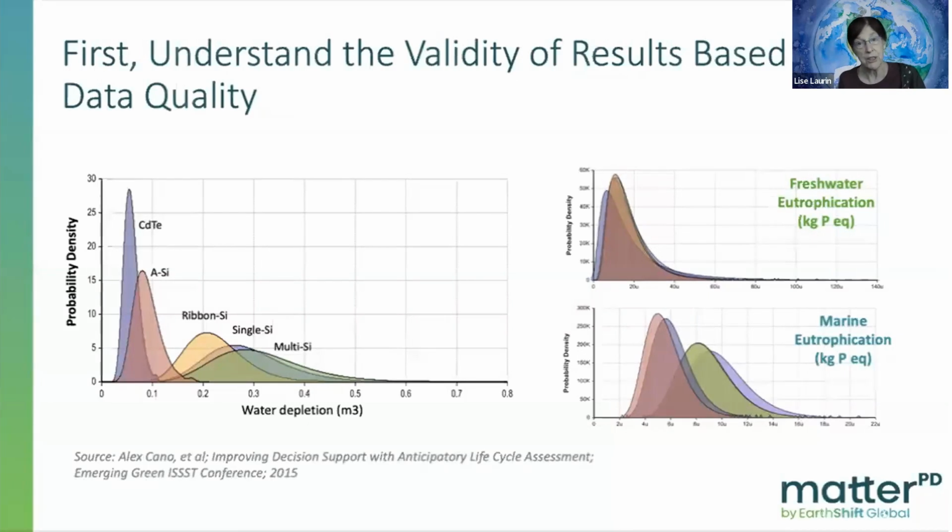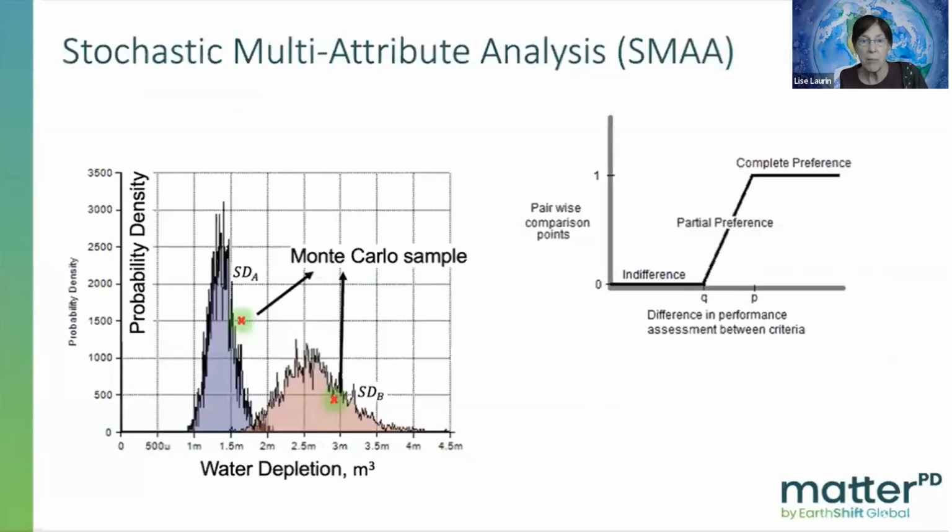So this is the first thing that we do in stochastic multi-attribute analysis, is we narrow down, okay, how can I compare these things? Are they comparable? Are there differences? And which categories are they different in? That's the first step.